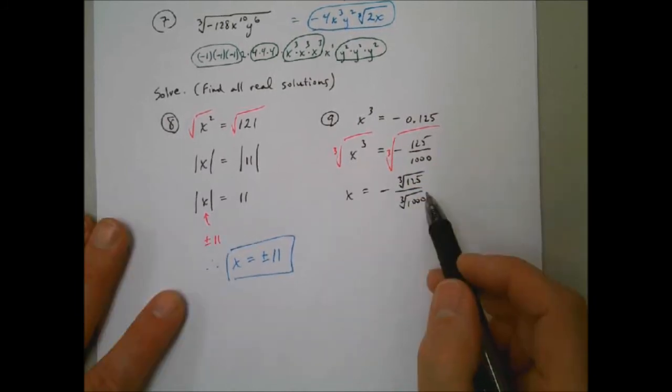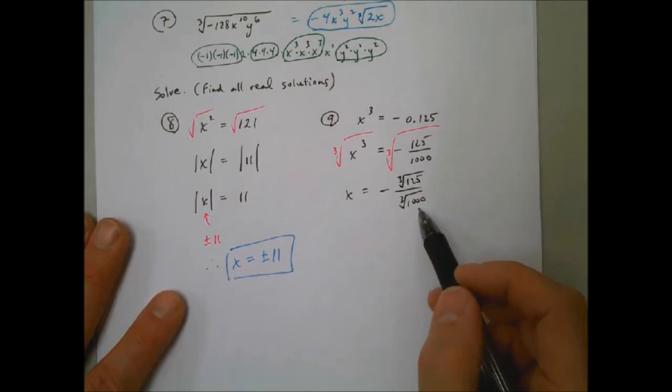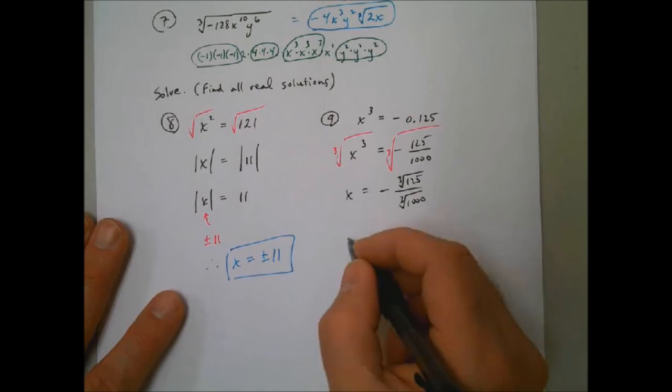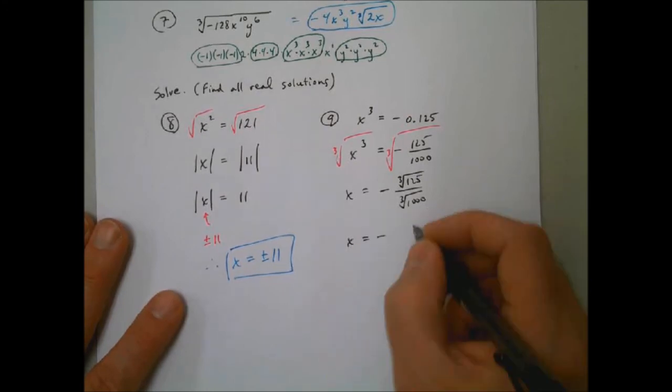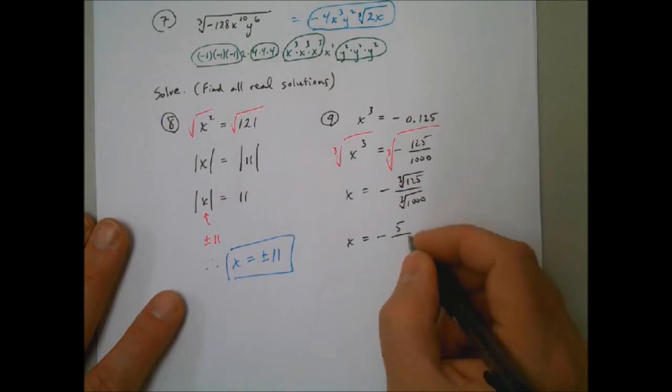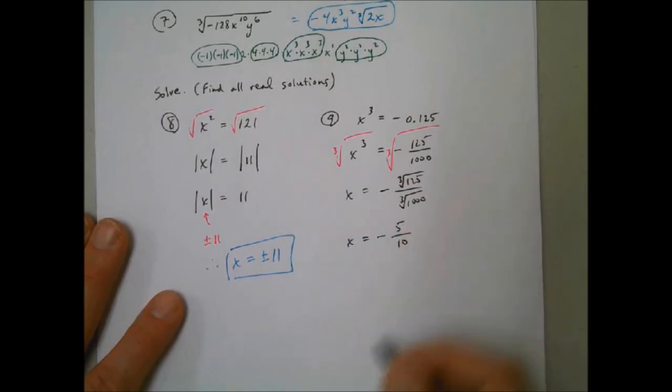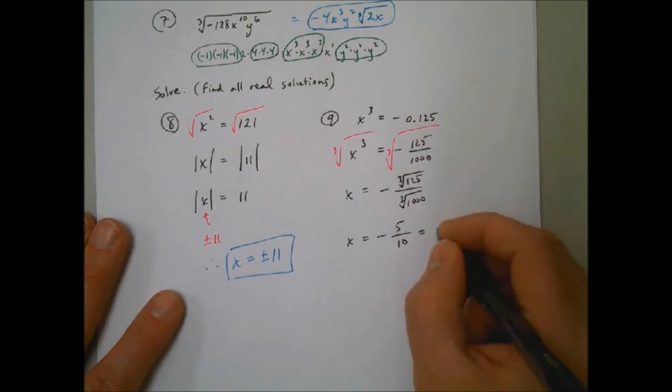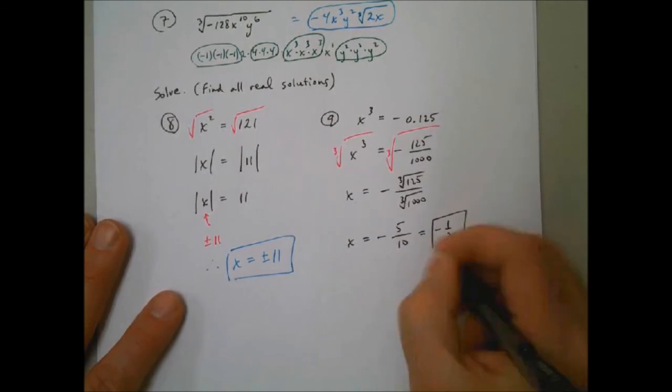Of course, isn't 125 5 times 5 times 5? And isn't 1,000 10 times 10 times 10? So this is negative, and we would have 5 over 10. And of course, that is negative 1/2. And only negative 1/2.